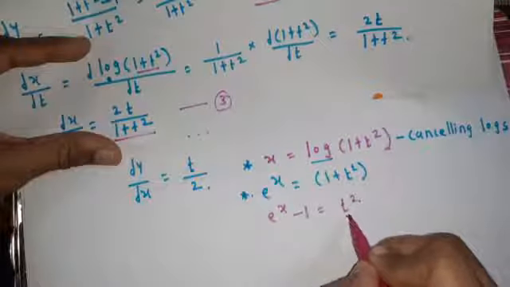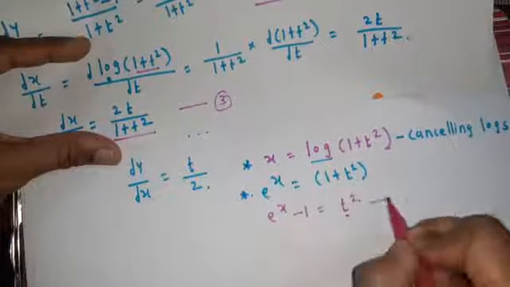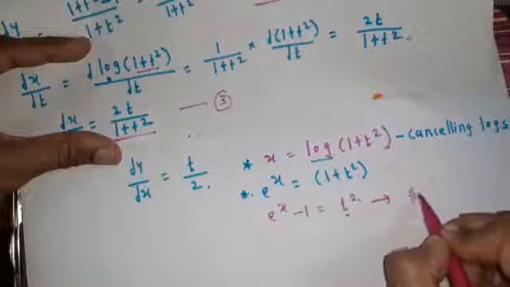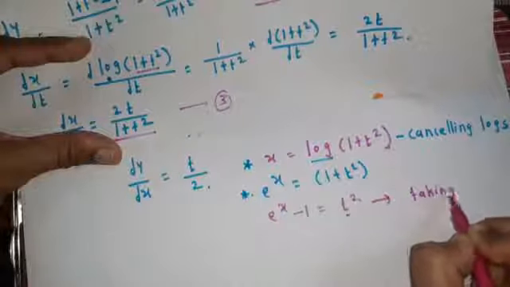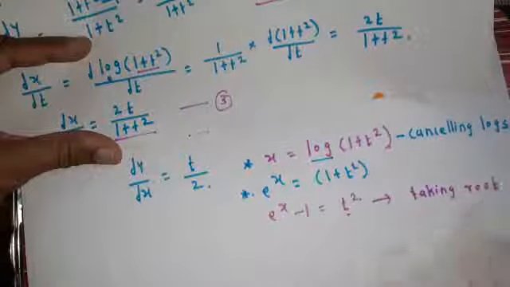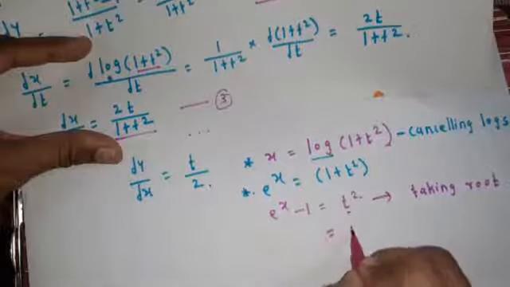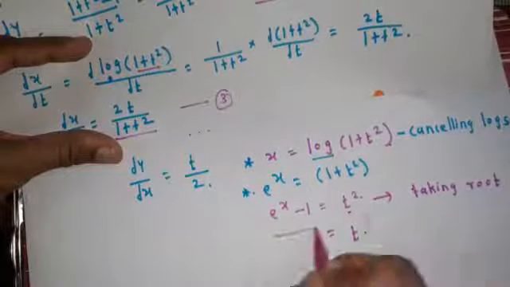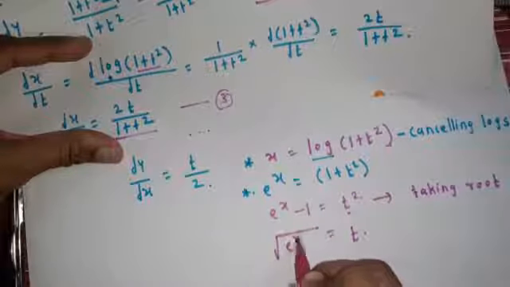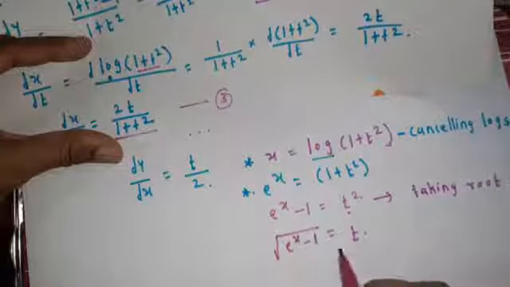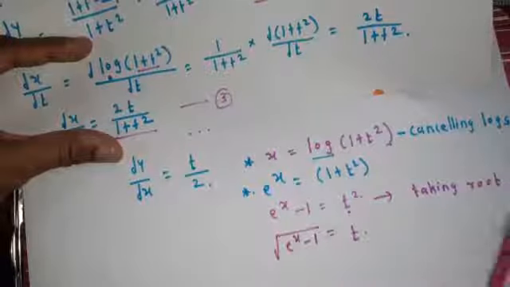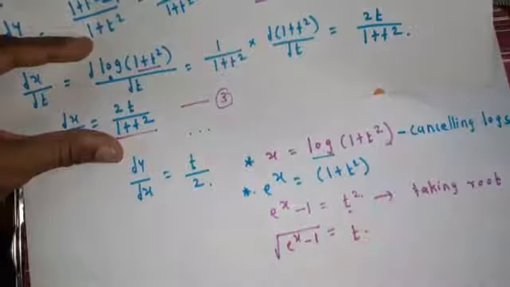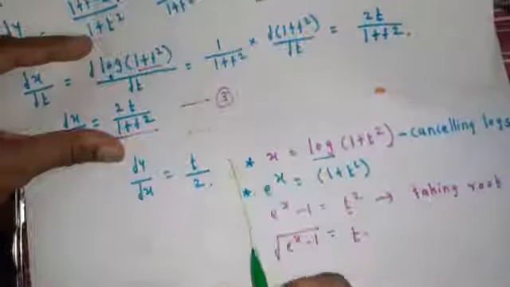Now here is the square term and here it is not squared, so taking square root on both sides we get: the square root of t square will be t, and here that becomes root of e raised to x minus 1. So the value of t is square root of e raised to x minus 1. This value is very important.